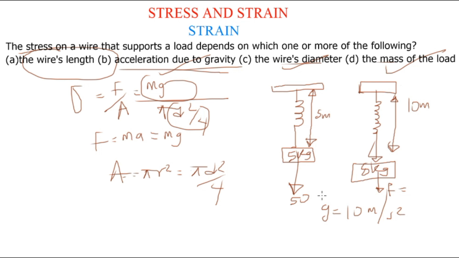Therefore, the stress on a wire does not depend on the wire's length. It depends on acceleration due to gravity, the diameter of the wire, and the mass of the load.